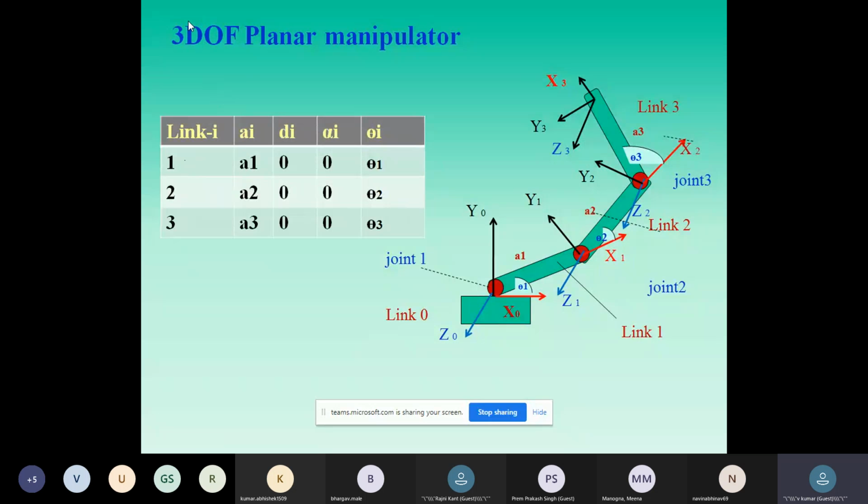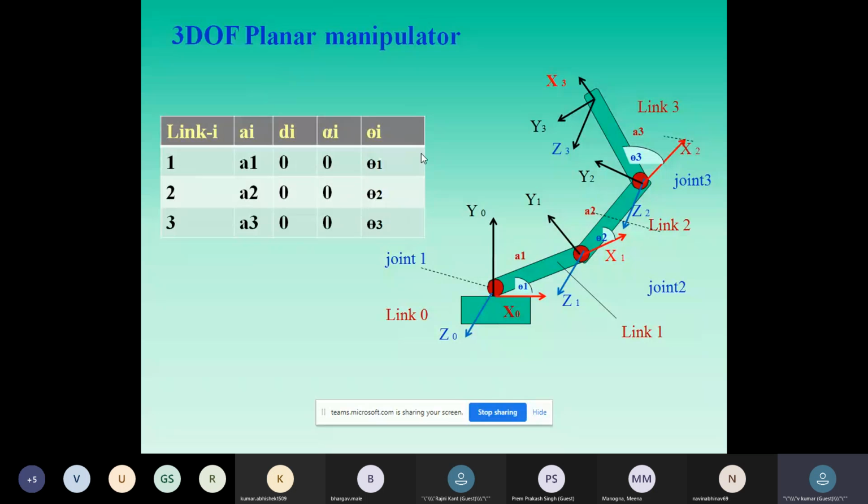For link 1, di, since it is in the same plane, is 0; for link 2 and link 3 it is also 0. For twist angle αi, since all are in the same plane and all axes are parallel to each other, all angles are 0, so αi is 0 for links 1, 2 and 3.